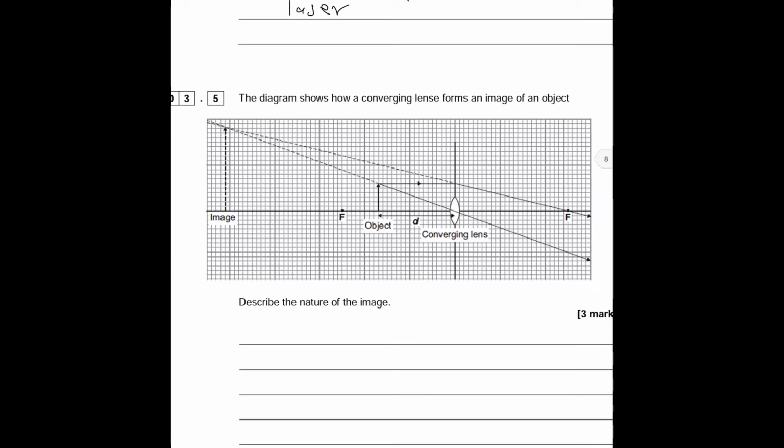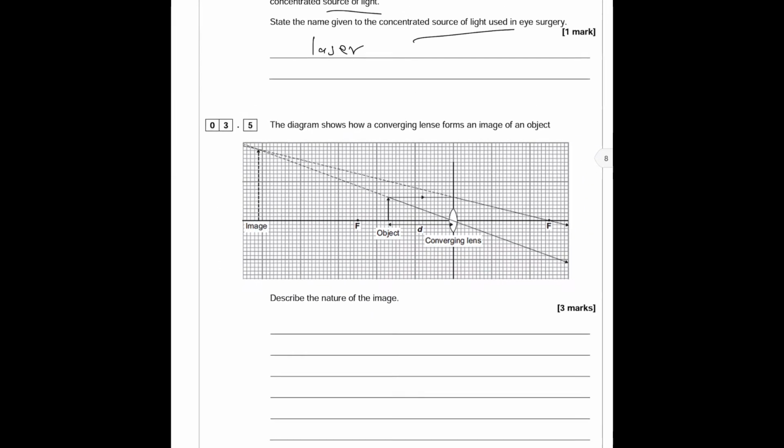Okay, next question. The diagram shows how a converging lens forms an image of an object. Describe the nature of this image. So this is the image. What can we see by comparing this image with the object? We can see that the image is upright. And since it appears on the same side of the lens, it's virtual, right? It's upright, it's virtual, and it's magnified.